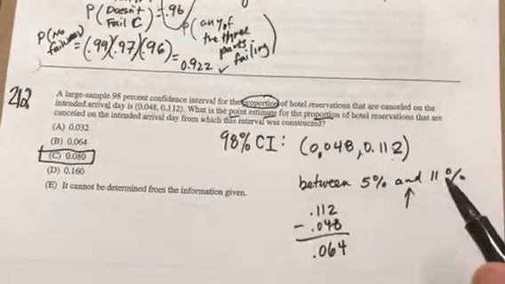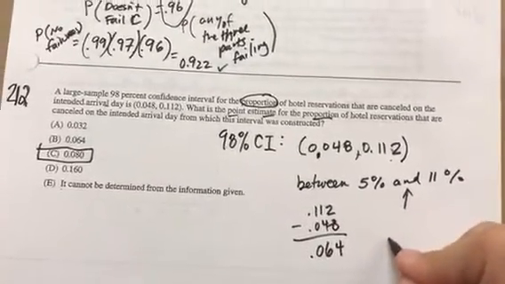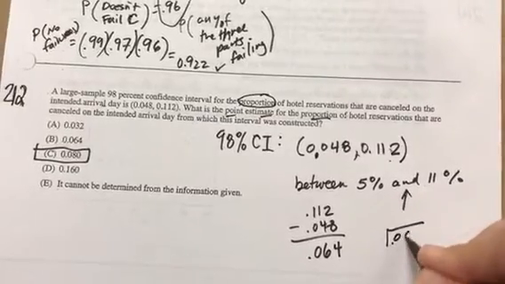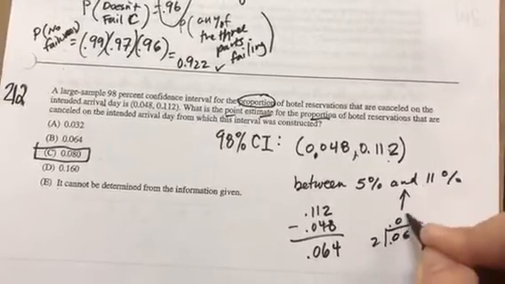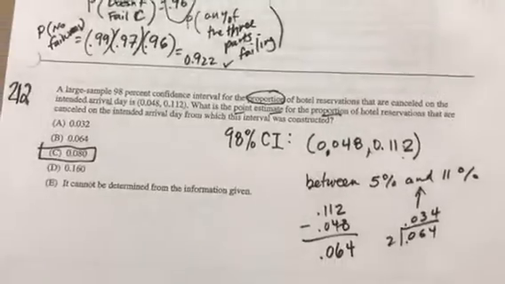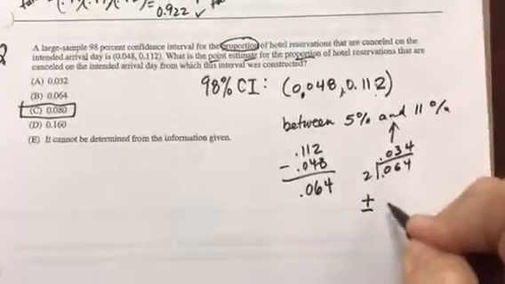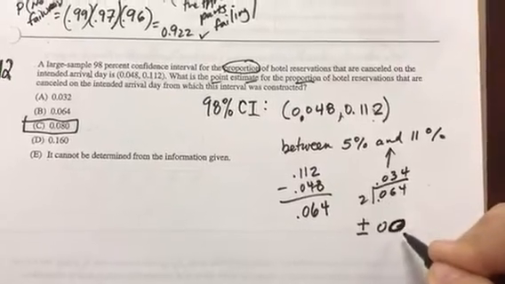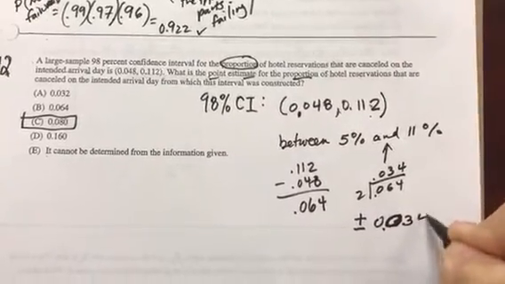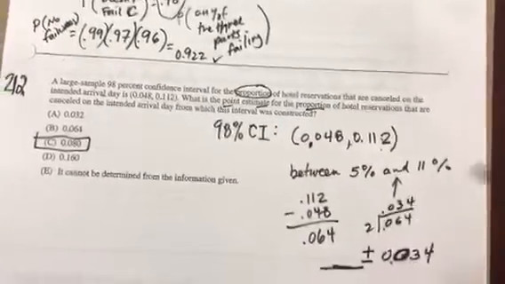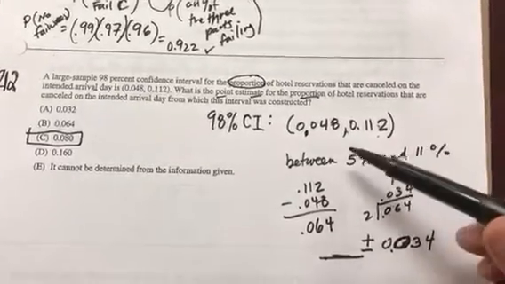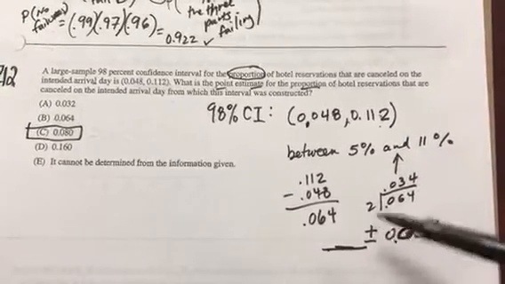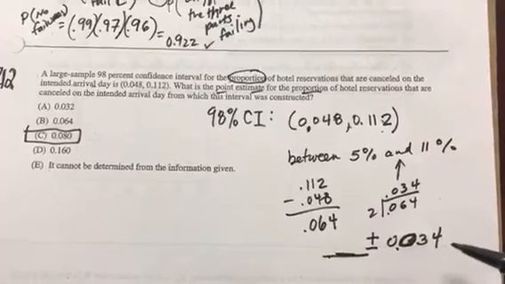It ranges by 6%. And then I just have to cut that in half. So half of that is 0.034. So that is my margin of error. So my point statistic is some number directly between 5 and 11 plus or minus 0.034.